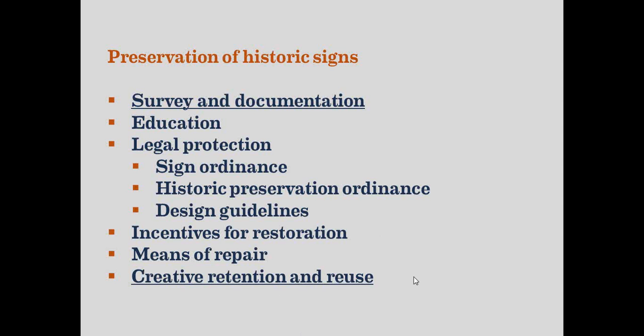So this creative retention and reuse component, I'll show you a few examples to hopefully spark some ideas of your own. But that's a critical component, because even with our best intentions, we simply may not be able to save the signs in the original places that they were installed in.